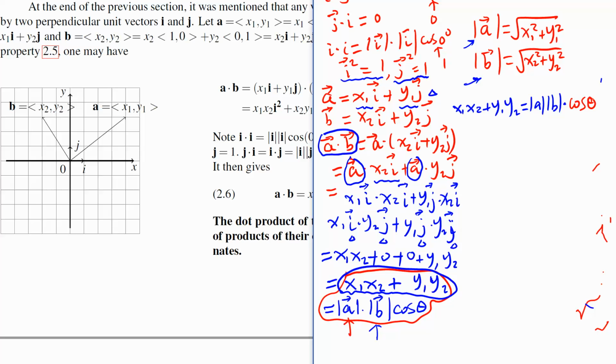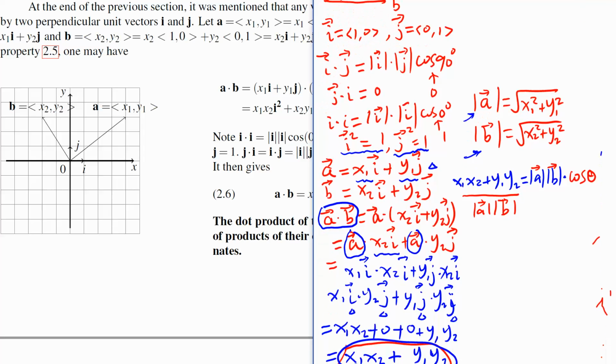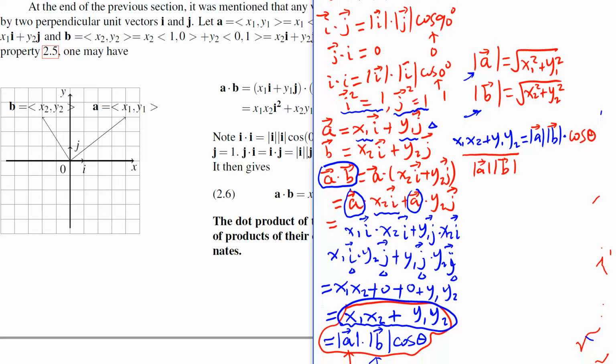So what can we do? Both sides divided by length A, length B. Okay, those are vectors. So I like to mark it. And this side also divided by length A, length B.